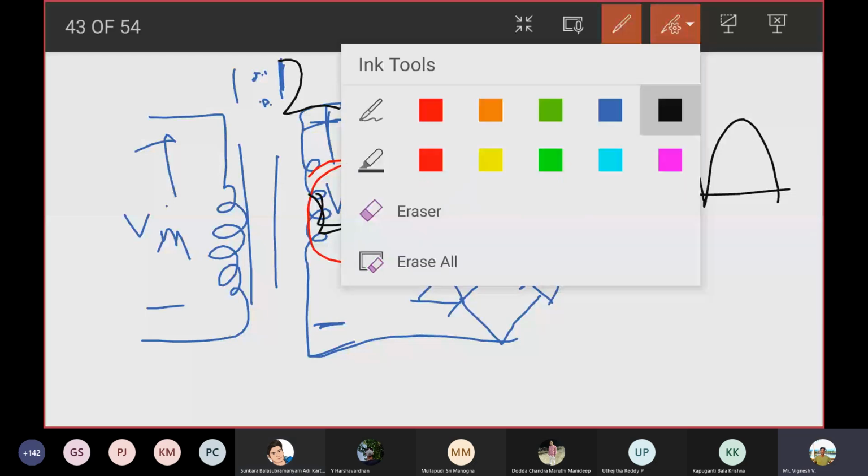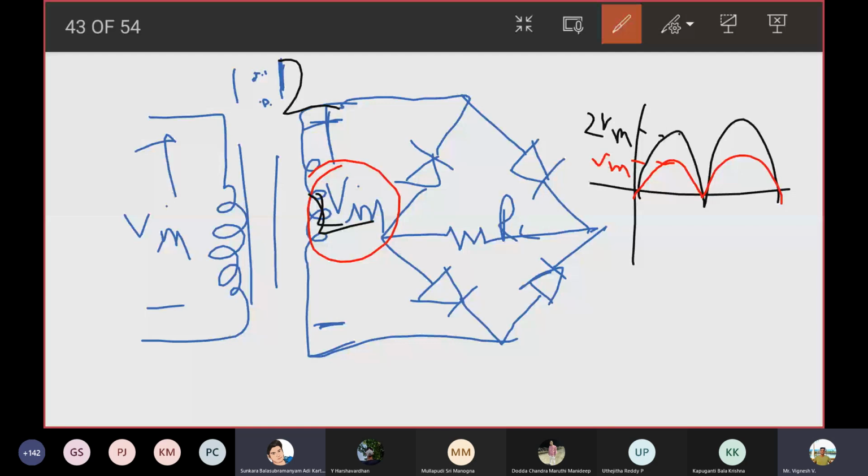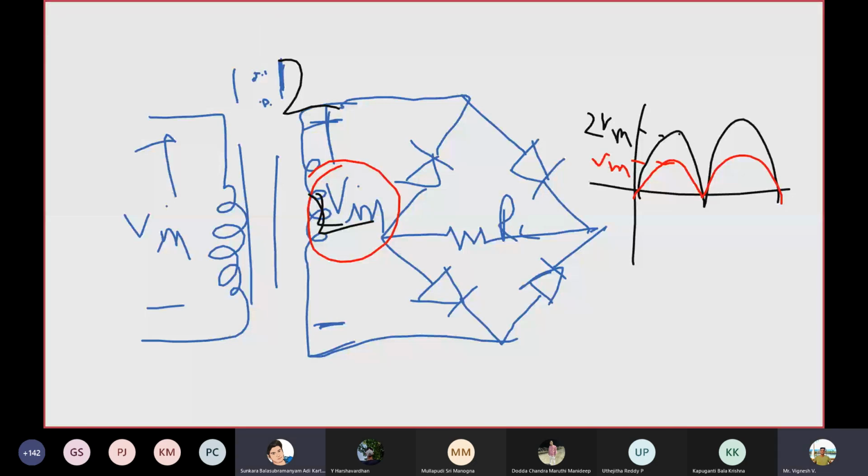But for a center tap full wave rectifier, you only get Vm. Am I right? Yes, sir. Did you understand? Yes, sir. Is this clear? Yes, sir. Clear for all?